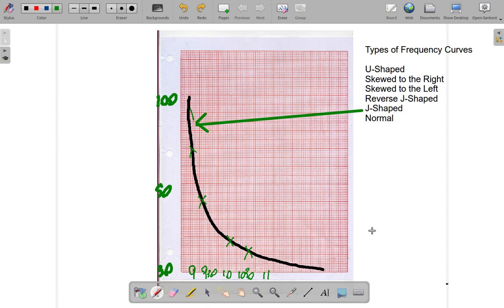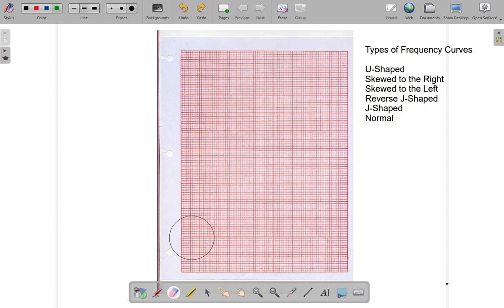Now, that was a J shape. As for the normal curve, we're going to talk some more about it later on, as I said before. But the normal curve, let me try my best.